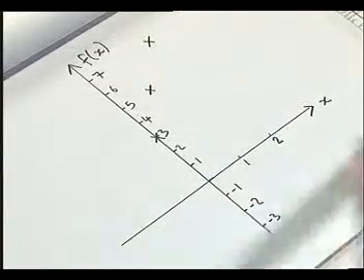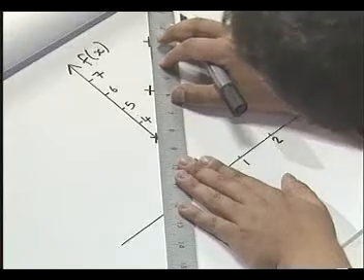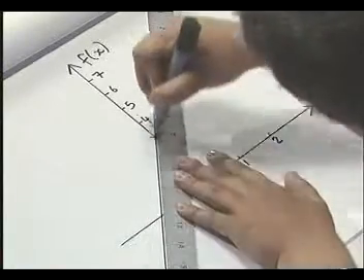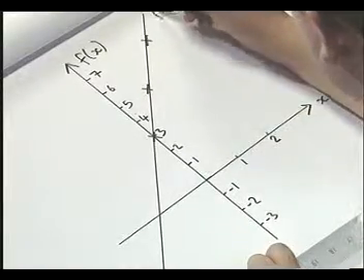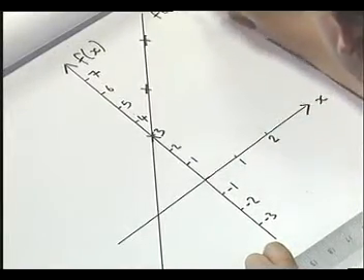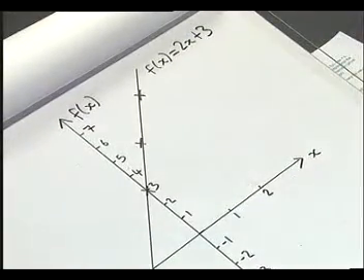We can join those up with a straight line. Label that f of x equals 2x plus 3.